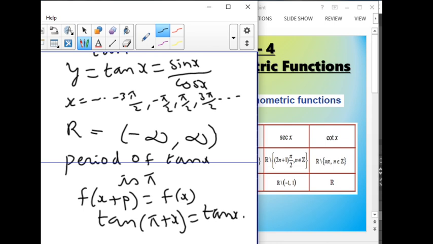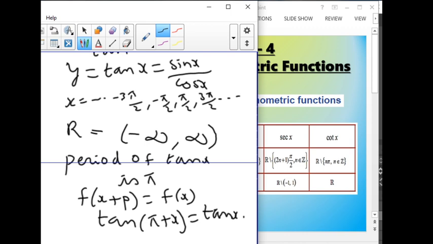Pi plus x is 180 plus theta, which lies in the third quadrant. In the third quadrant tan is positive, as in all silver teacups. Therefore we have plus, and since 180 is even, we have tan itself. So tan of pi plus x is tan x. Therefore the period of tan x is pi.